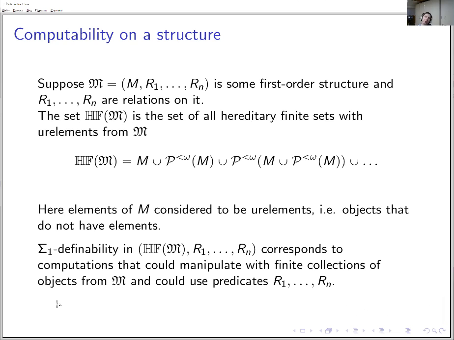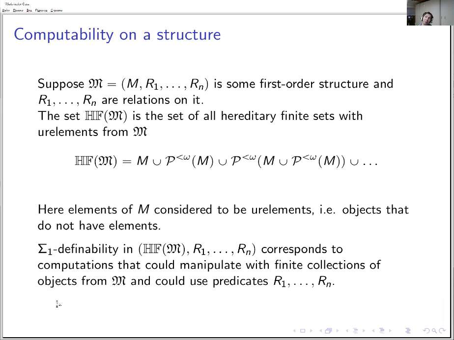Consider, for example, a set of reals. What we want is some kind of computations that would manipulate reals. For example, we would like this computation to have access to arithmetical operations on reals: addition, multiplication, subtraction, and so on.